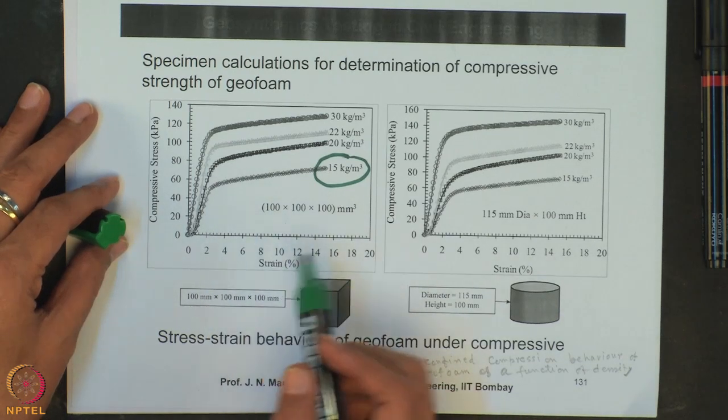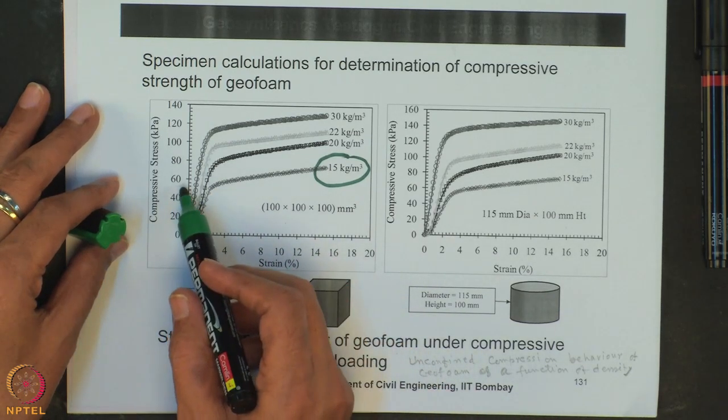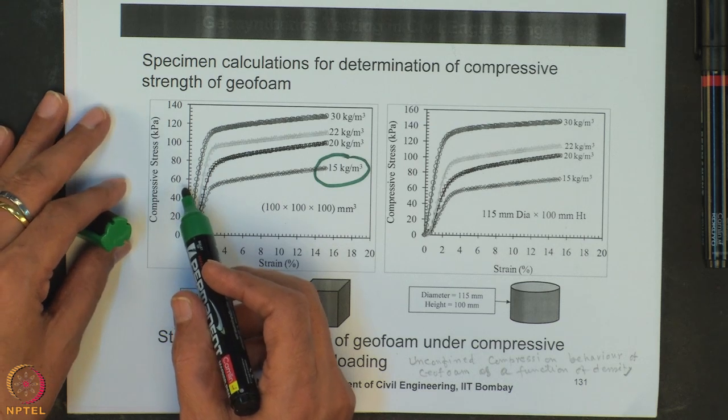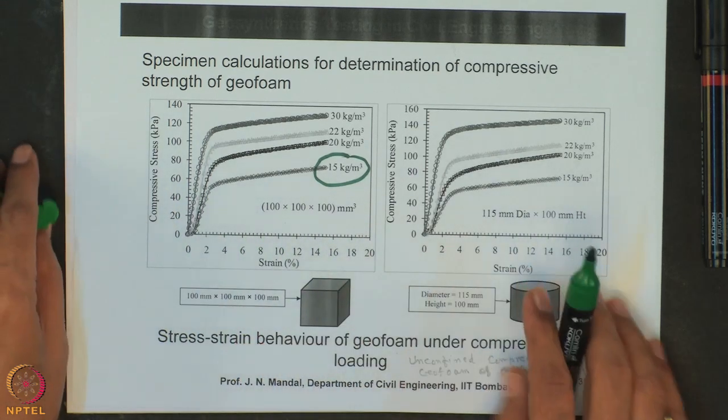For a particular strain value you can determine the compressive stress, at 1%, at 5% and at 10%. Depending upon the type of application you can determine the compressive stress, because you know the strain and the corresponding compressive stress value.